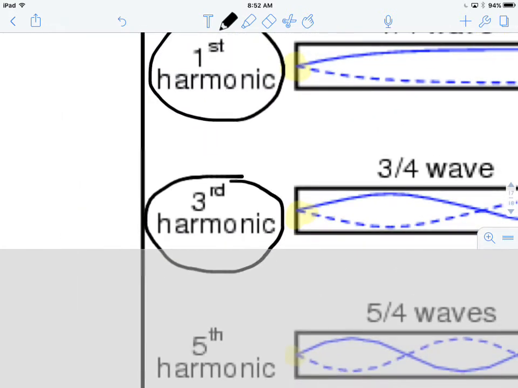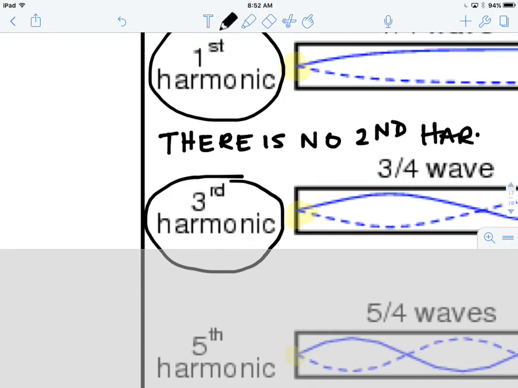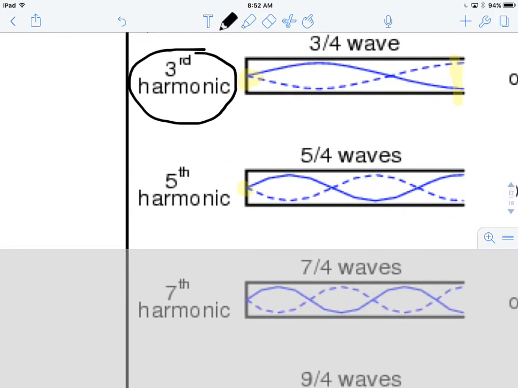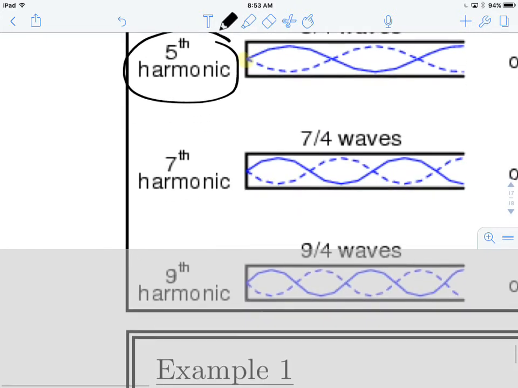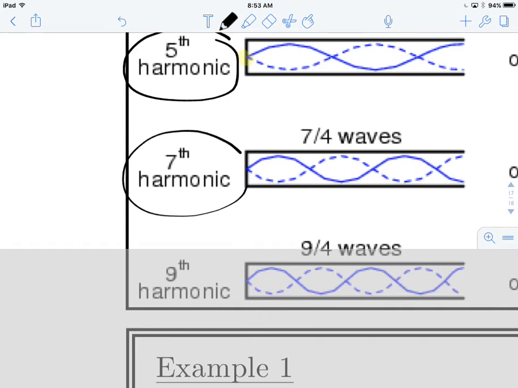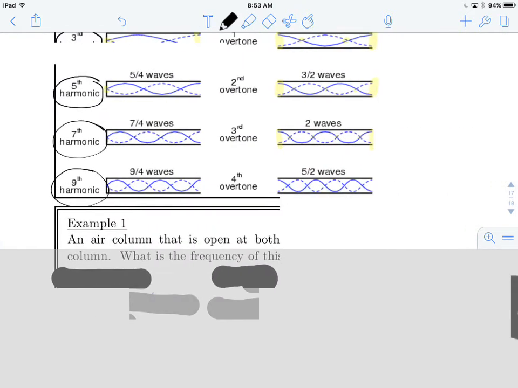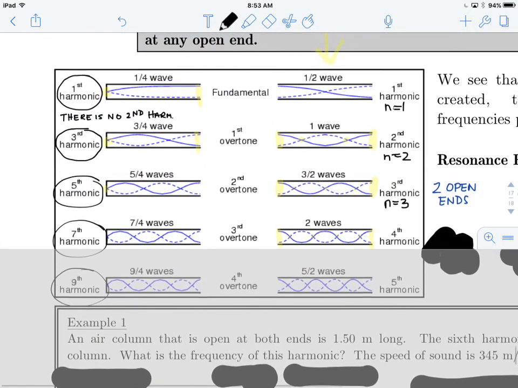And we note there is no second harmonic. Then we come down to 5/4 of a wave, and there is no fourth harmonic. There is no sixth harmonic. There is no eighth harmonic when we have this type of tube, closed at one end, open at one end.